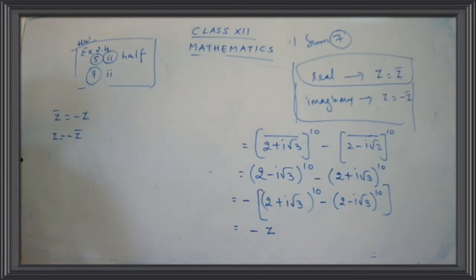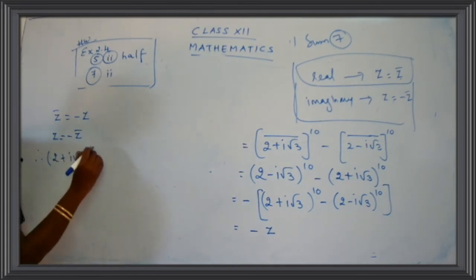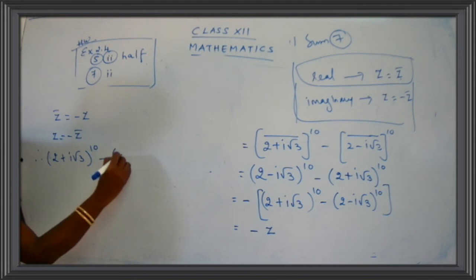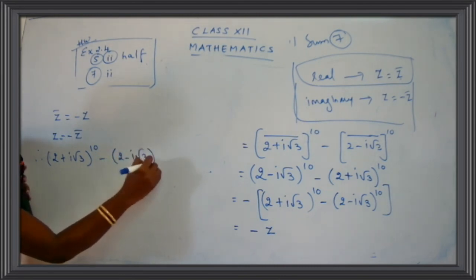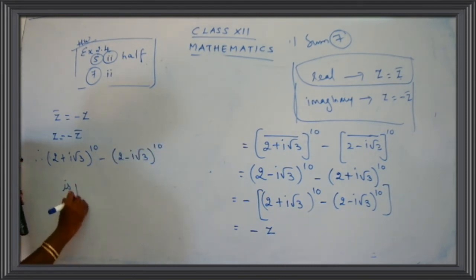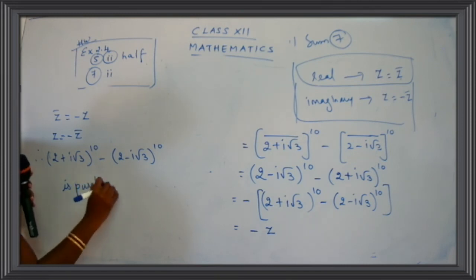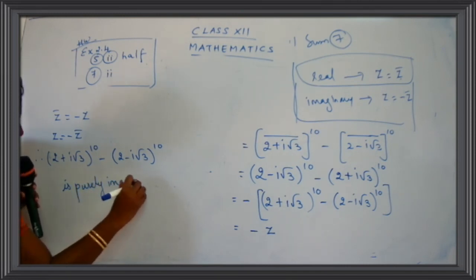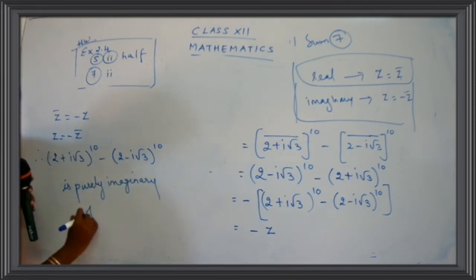Therefore, you have to write the question. Therefore, (2 + i√3)^10 minus (2 − i√3)^10 is purely imaginary. Hence proved.